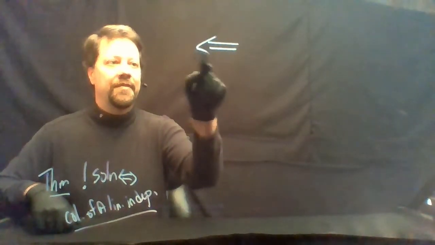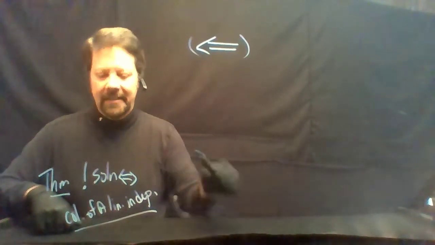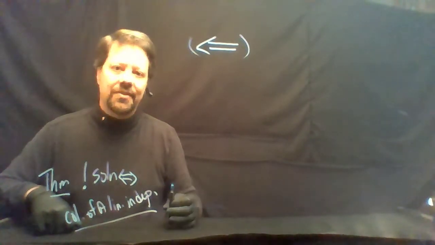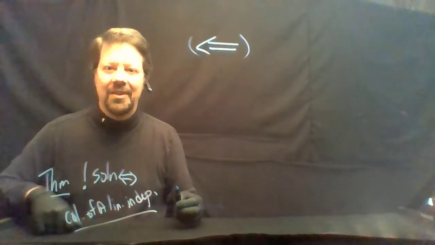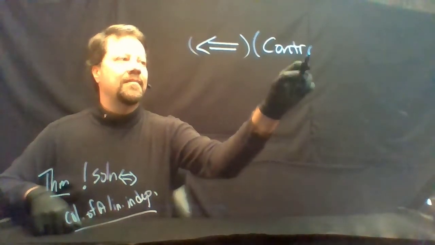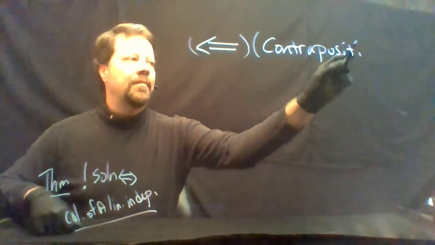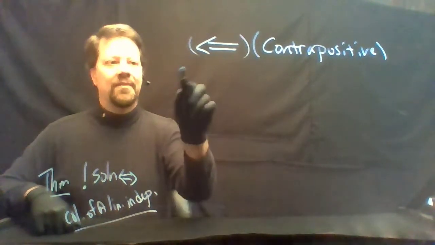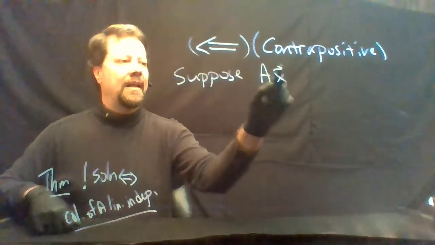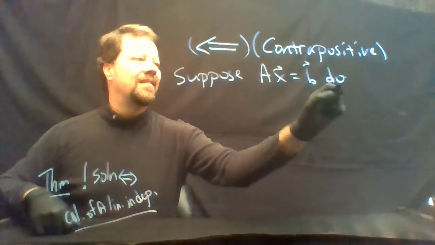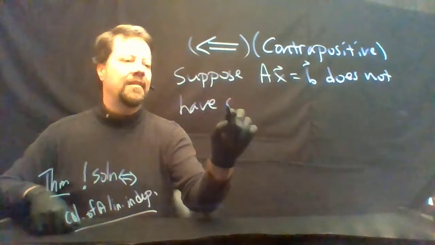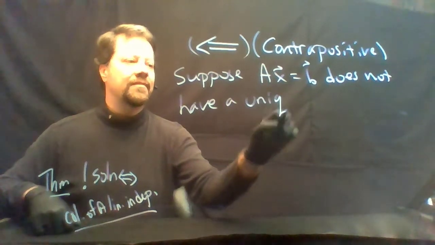We have only to prove the implication in the other direction, that if the columns of A are linearly independent, then the equations have a unique solution. We'll prove this also by way of contrapositive. We'll suppose Ax equals b does not have a unique solution.